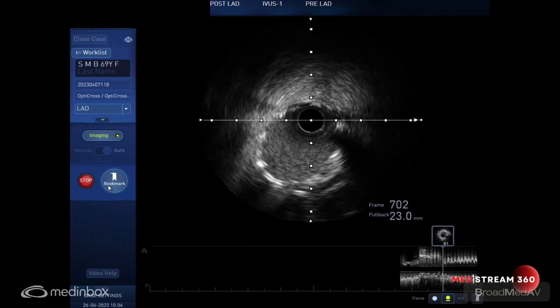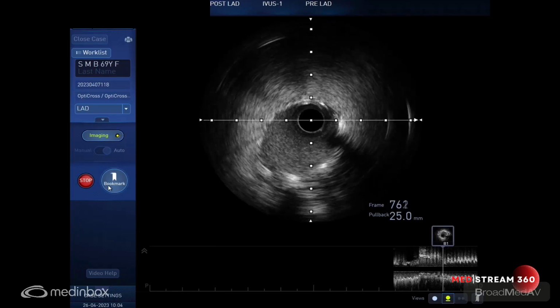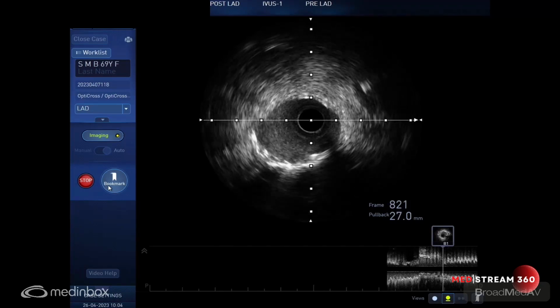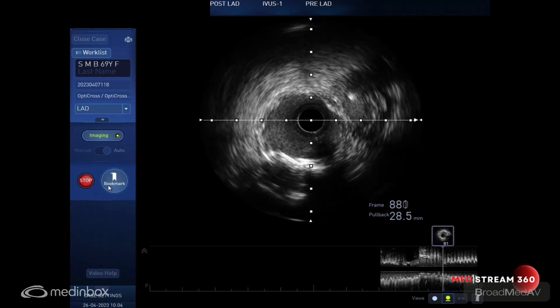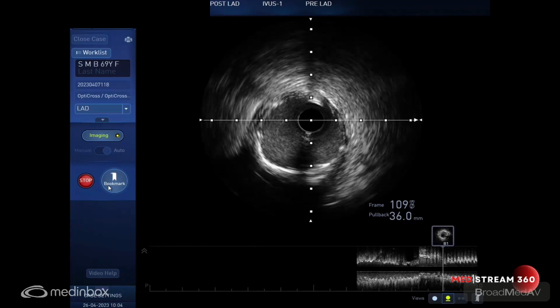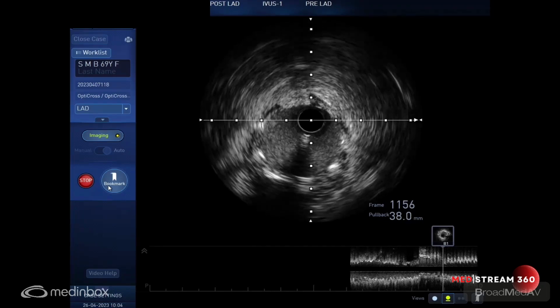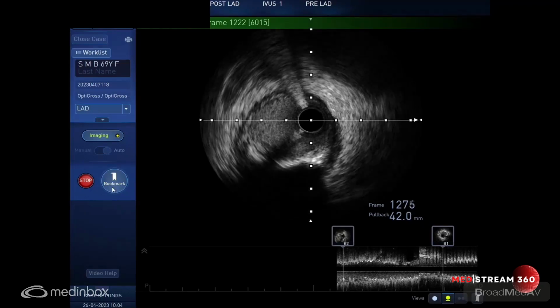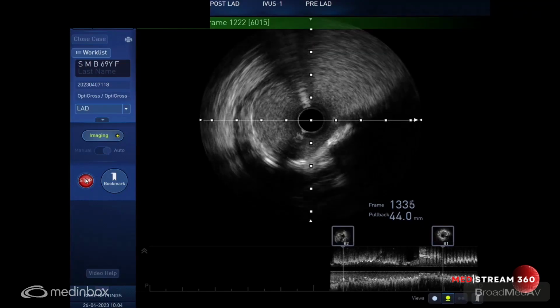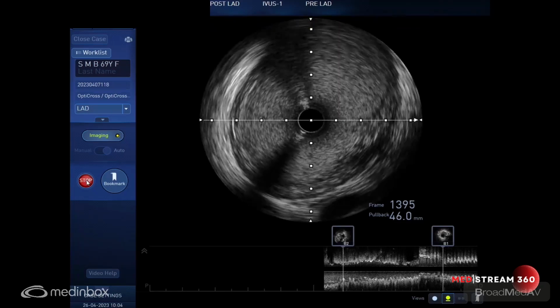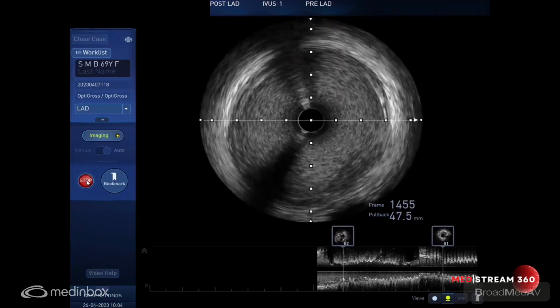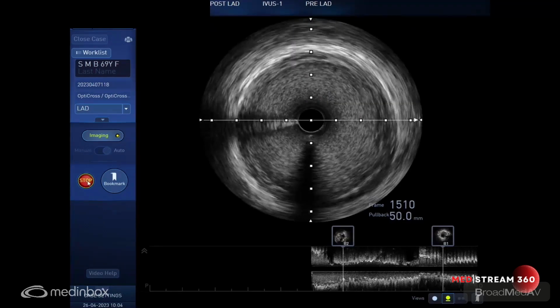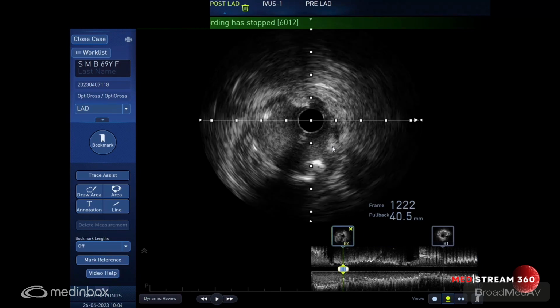And this is all the calcified portion where the stent has expanded well. And coming to the proximal segment of the LAD, over here, you can notice the left main, which is normal.